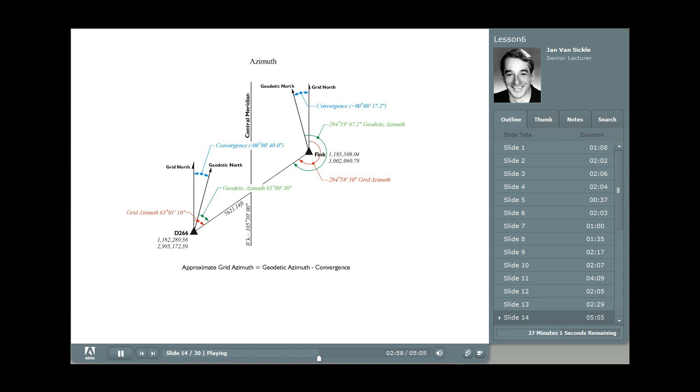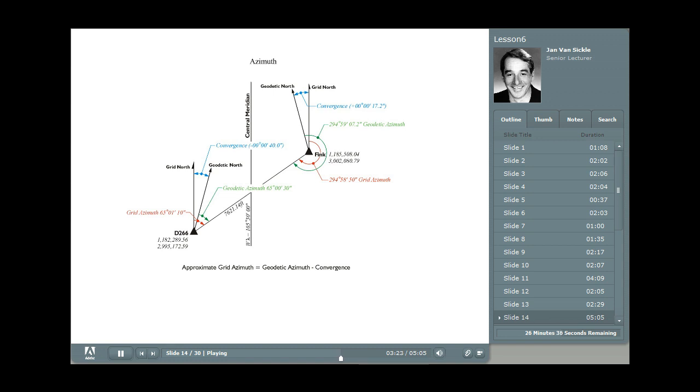And at D266, using the grid azimuth 65 degrees 01 minute 10 seconds, that will direct the line to station Fink. And notice that if you add those two red grid azimuths together, as expected, the result is 360 degrees.